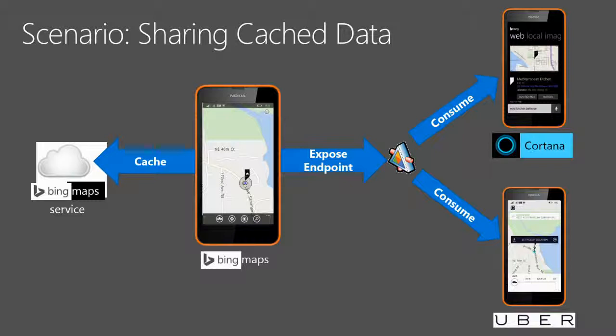There are other scenarios here around cache data that they're considering using. So, for example, you imagine the scenario where you have an app that has map data on there. Right now, when you install the Bing Map control, that Bing Map control reaches out directly to the Bing Map service and pulls in its tile data and so on and so forth.